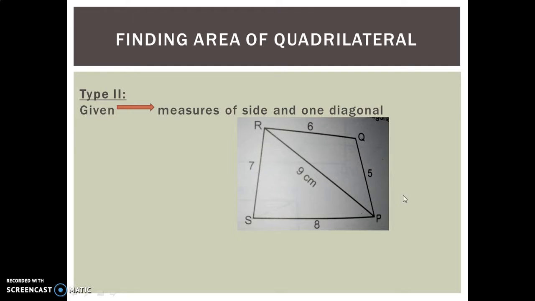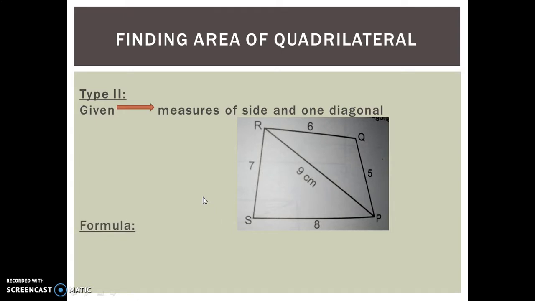When you have such a type of quadrilateral, as you can see, this quadrilateral gets divided into two triangles. First is triangle PQR and the next triangle is PSR. So in such a quadrilateral, we will first find the area of triangle PQR and the area of triangle PRS, and then we will find the area of the quadrilateral.